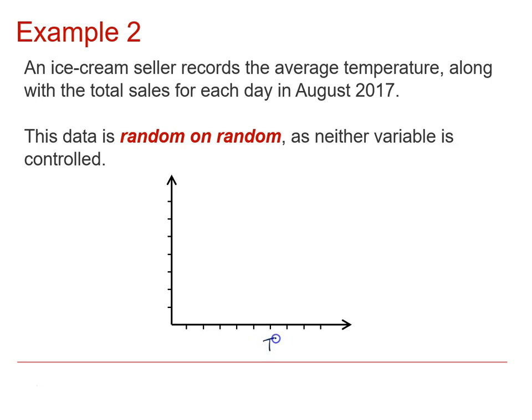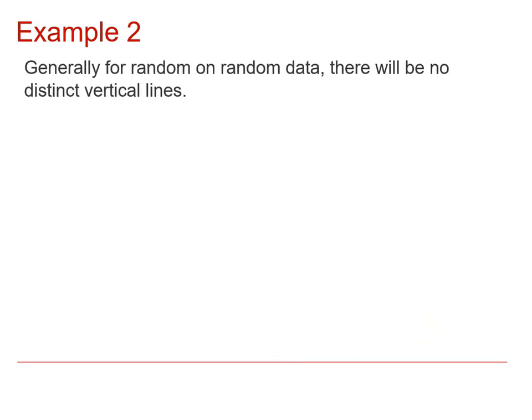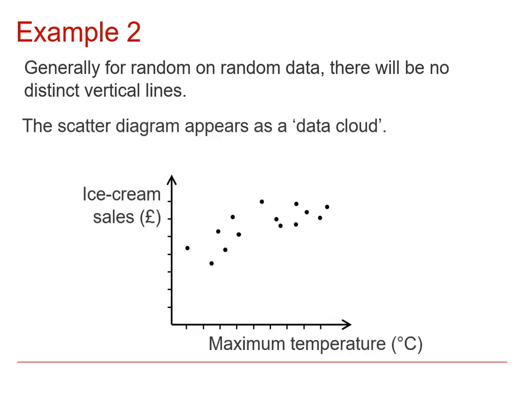So we put the temperature along the horizontal axis and we put ice cream sales along the vertical axis. Generally, for random on random data, there will be no distinct vertical lines.